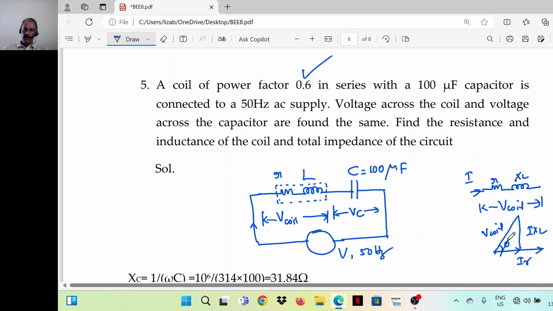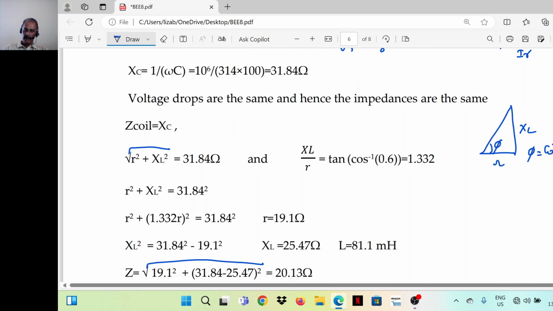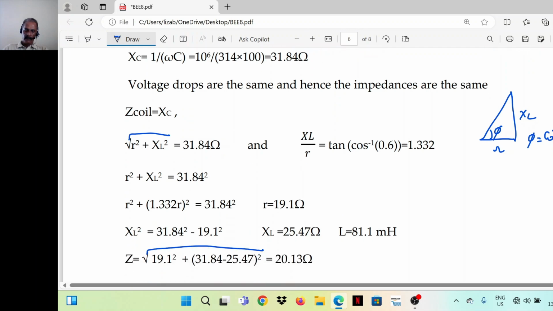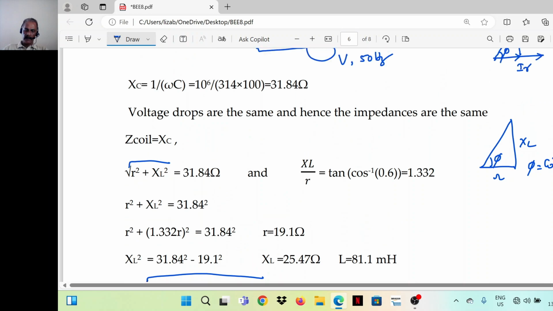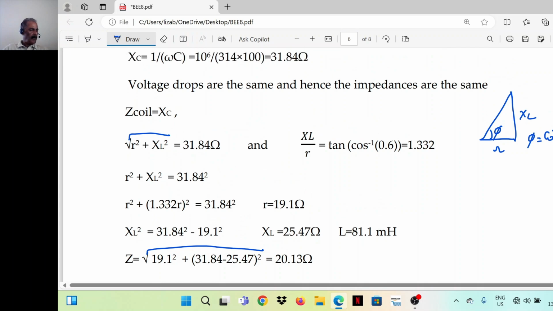So this angle can be found out: cos inverse 0.6 is 53.13. So phi is equal to 53.13 degree.